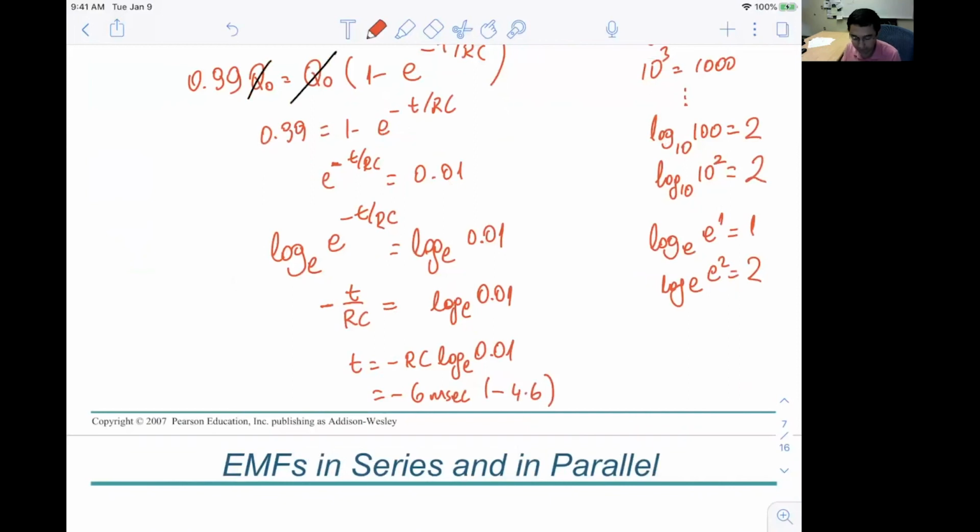Then this will be 6 times 4.6, which is 27.6 milliseconds. So in 27.6 milliseconds, 99% of the capacitor is going to be filled.